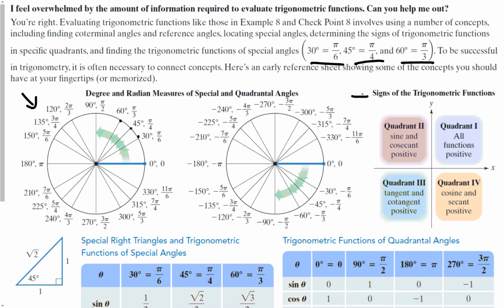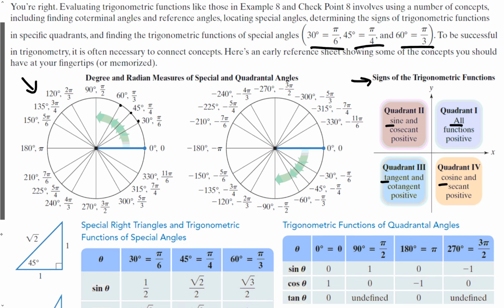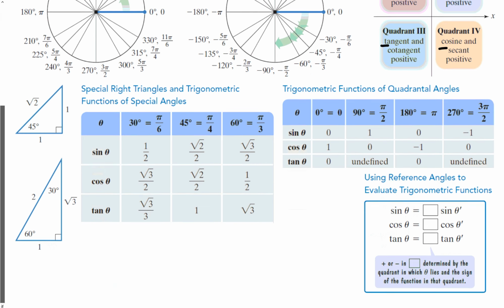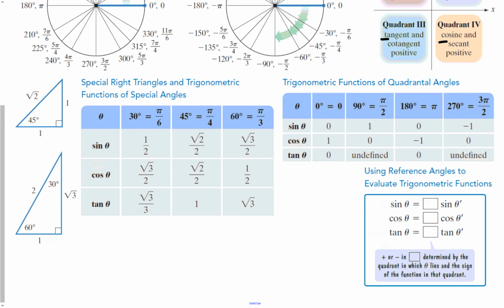We just talked about the signs of the trigonometric functions, right, that all students take calc. And that tells you what is positive in those different quadrants. And then the part that you have to memorize is this table right here, the sine, the cosine, and the tangent of these 3 special angles.